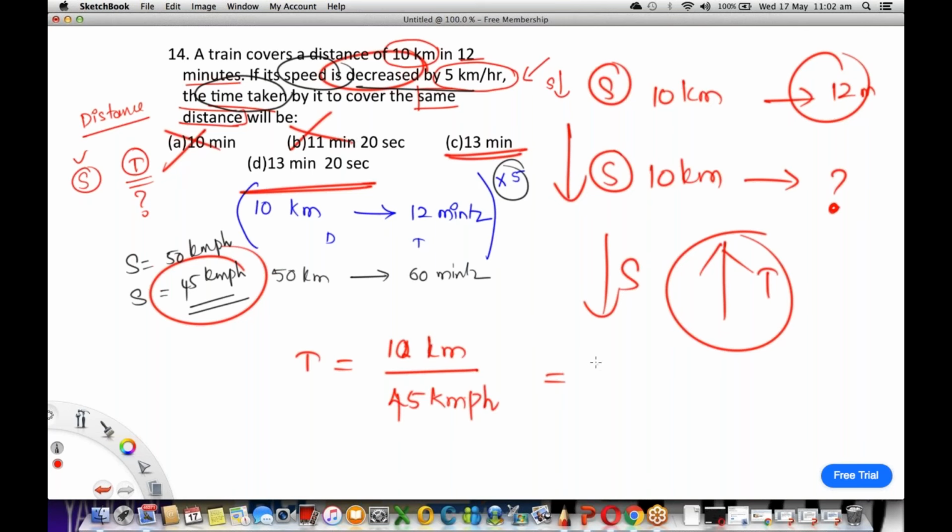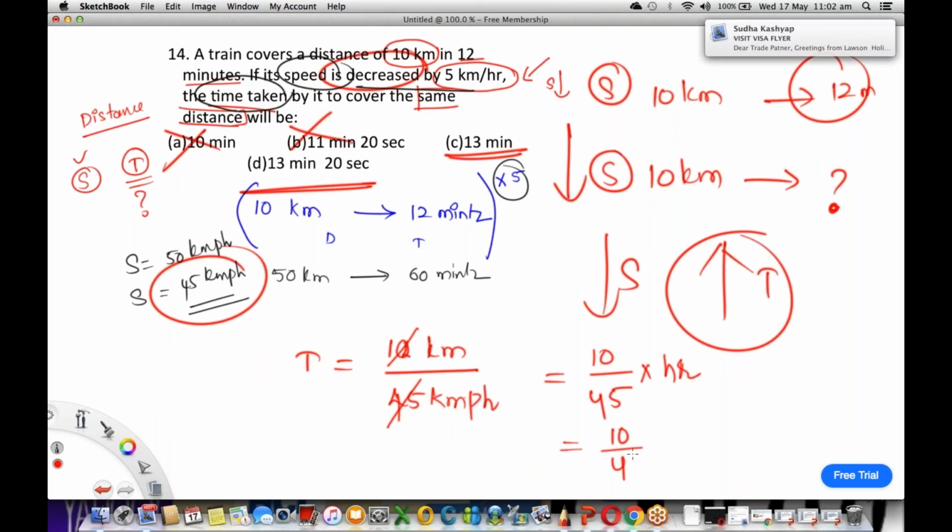So 10 divided by 45 is an hours value. So I'll write this as 10 divided by 45 hours, or otherwise 10 divided by 45 into 1 hour, which is 60 minutes, into 60. Why am I writing 60?